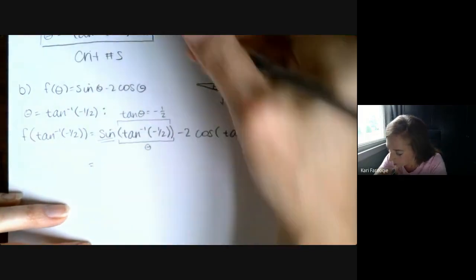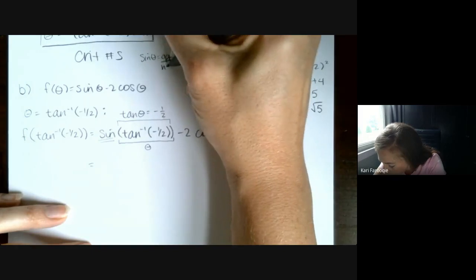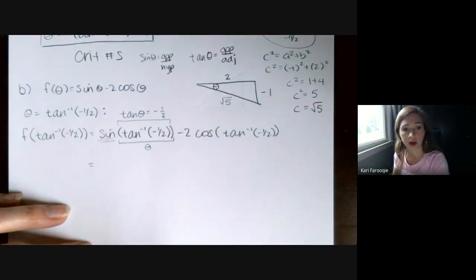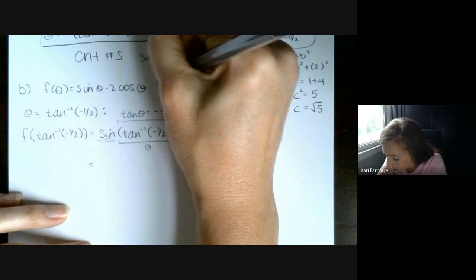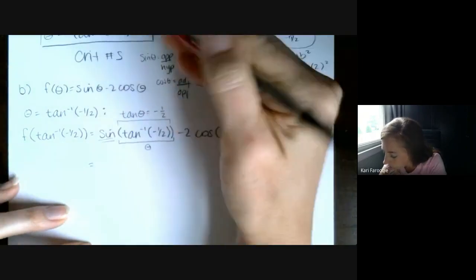I'm running out of side space here. Sine theta is the opposite over the hypotenuse. And of course, cosine theta is the adjacent over the hypotenuse.